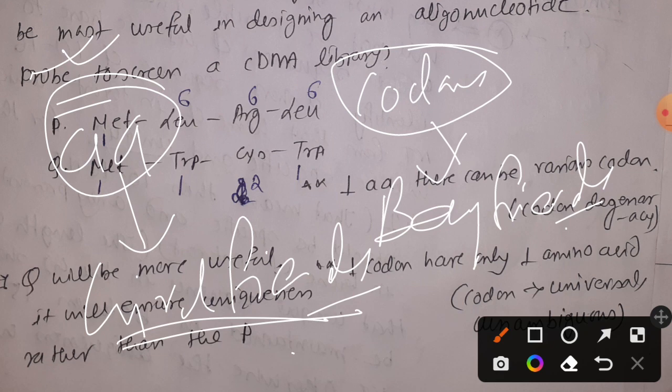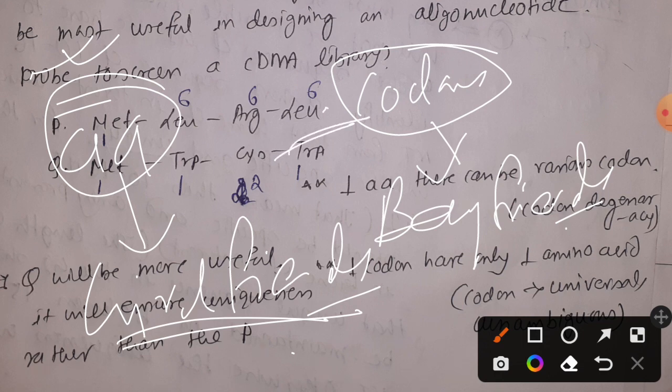But the codons are universal; they are committed towards only one girl. That means a codon is specific for a particular amino acid, but an amino acid may not be specific to a particular codon. That is the codon degeneracy.